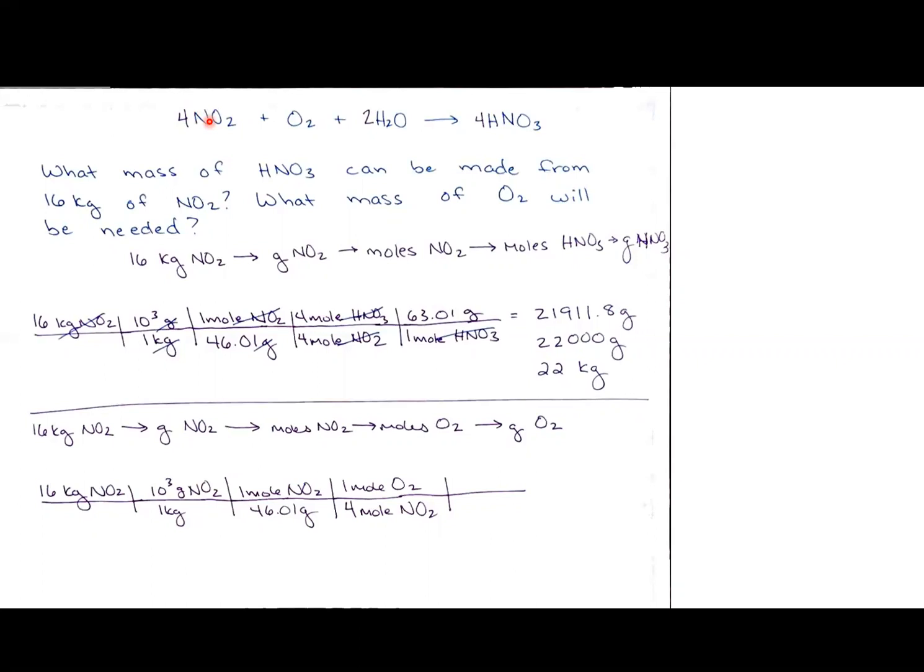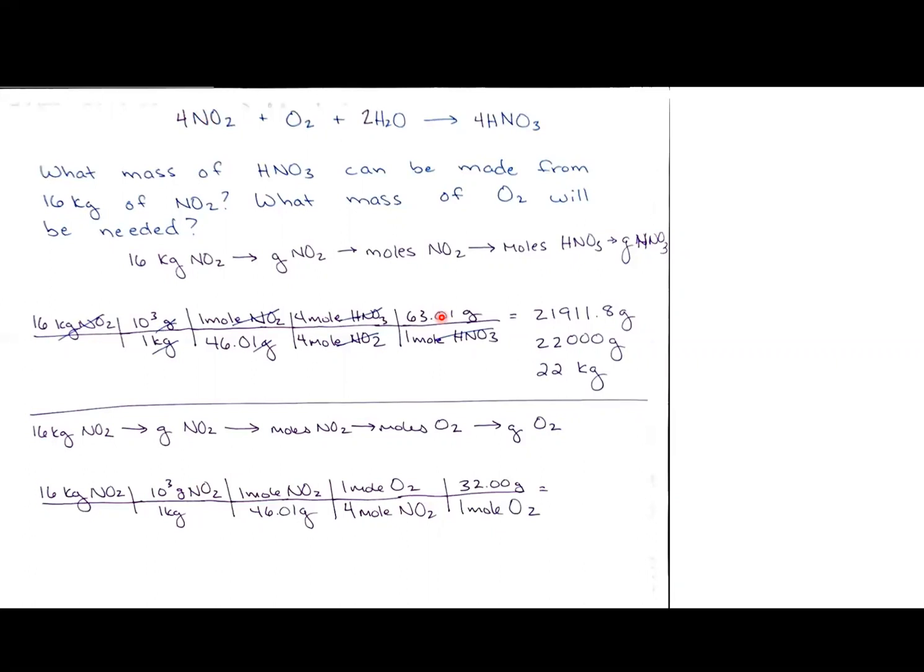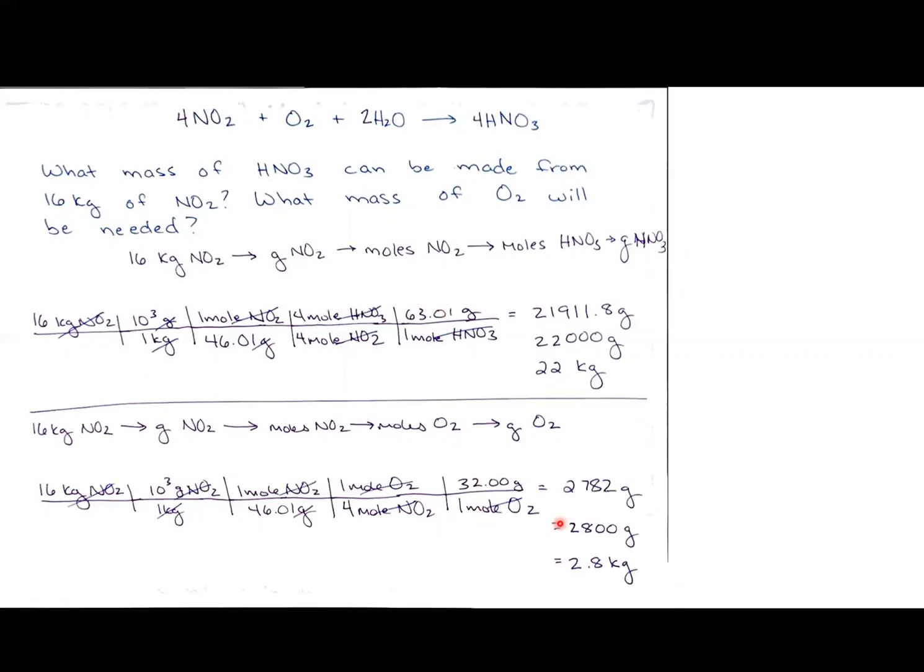That's fine. If I know the moles or grams of any one thing, I can figure out moles or grams of any other thing. It does not matter what side of the reaction it's on. 1 mole of O2 weighs 32.0 grams. So when all the things cancel, 2,800 grams is what I get to 2 significant figures, which is the same as 2.8 kilograms.